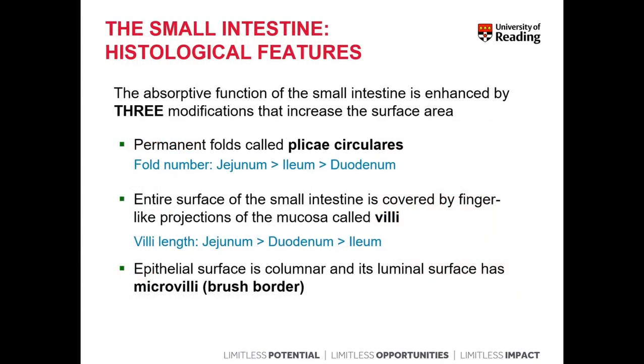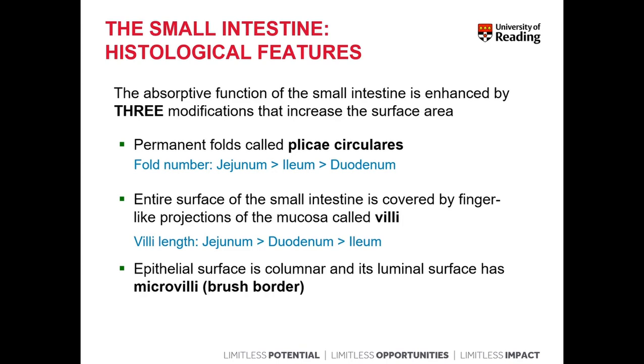So at a histological level, what we do observe in the small intestine are 3 modifications of the mucosa. Okay, we do have the permanent folds called plicae circulares, which are the overall folds of the mucosa in the small intestine.